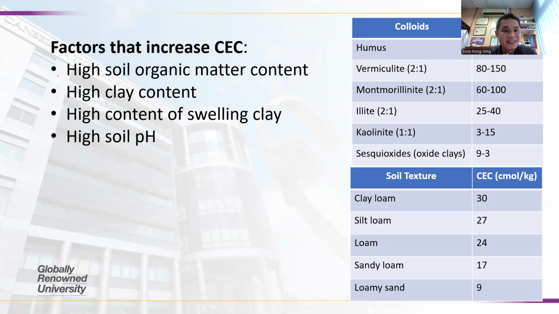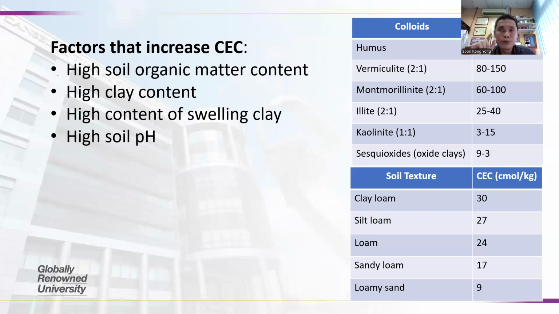And then number three is nothing that we can do, because the content of swelling clay is already determined. You choose one plot due to the nature of the parent material. The soil is already known to be either suitable for agriculture or not. So, of course, the type of clay.